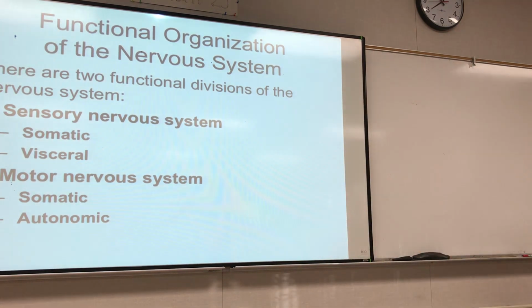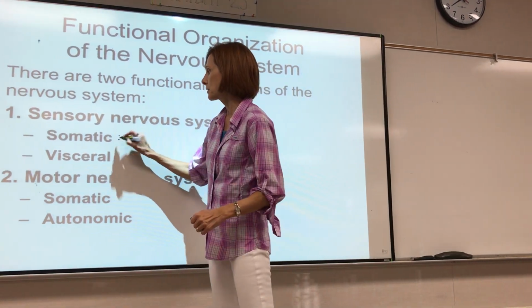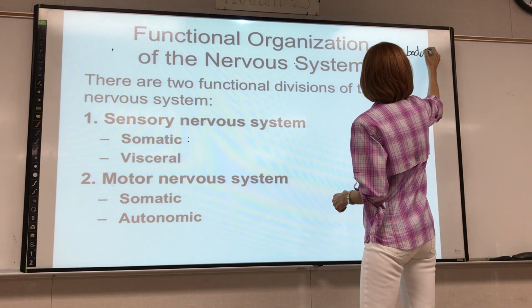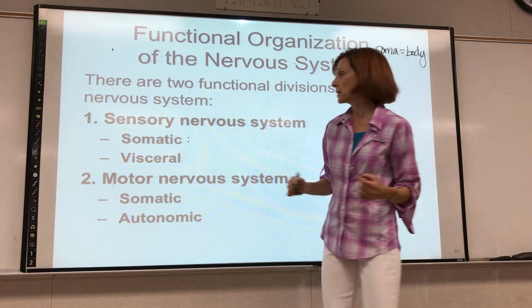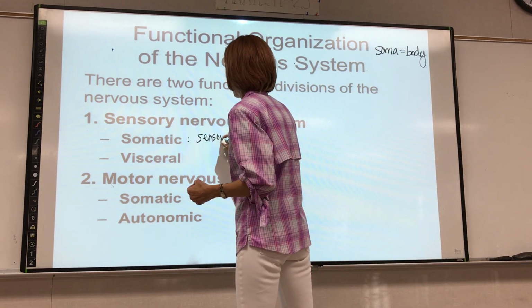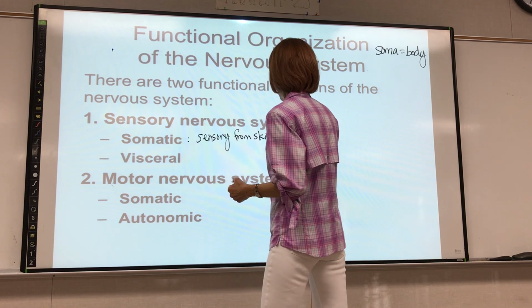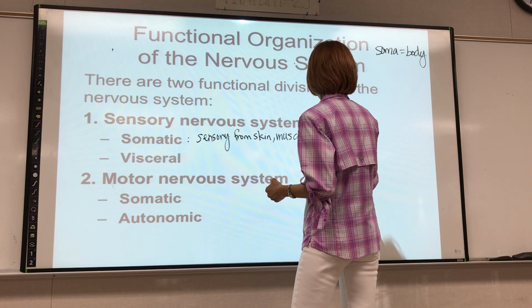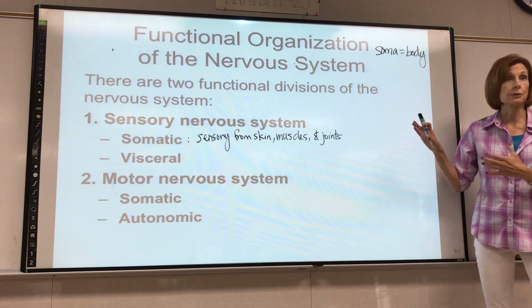That makes sense. So this information is divided into two groups, either somatic or what is called visceral. Okay, the term soma or somatic actually just means body. So this doesn't really tell you a lot about where it's coming from, but this is sensory information from the skin, the muscles, and joints. So specific types of sensory information only from those areas.